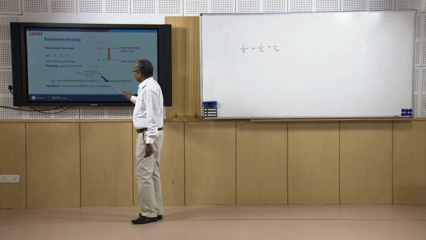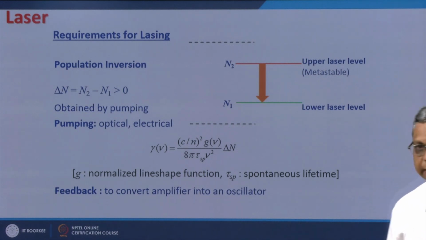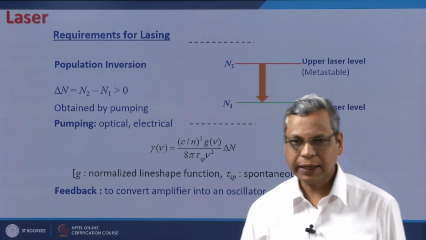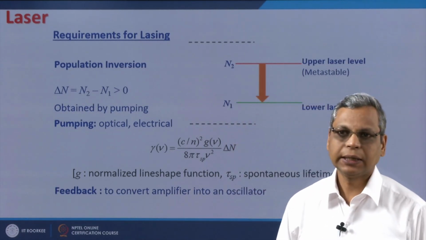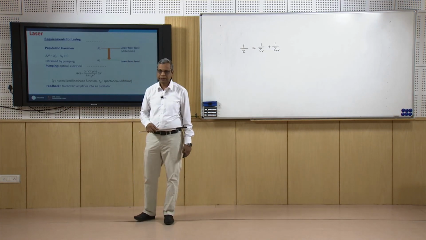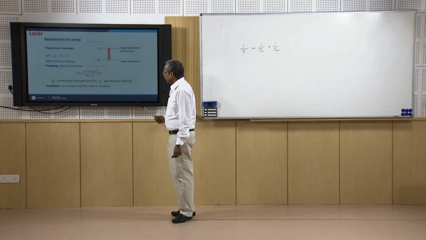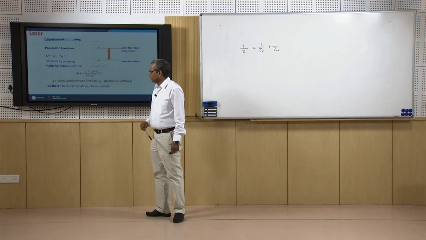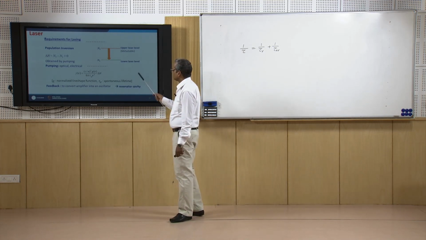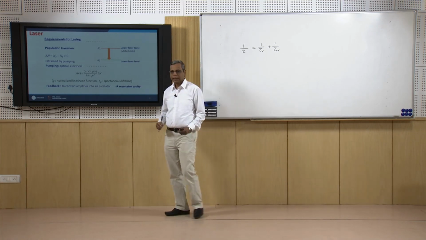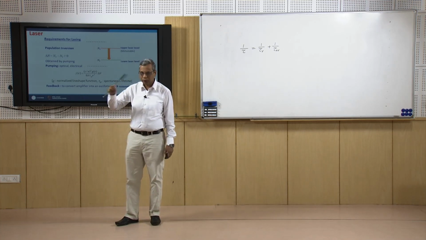By this process I will have an amplifier, but a laser is a self-sustained device. I am not inputting any signal and amplifying it; I am just giving injection current and it is producing light. That can be done if I convert this amplifier into an oscillator. For that I need to make a resonator cavity. I include this material between two mirrors, so that I can provide feedback.